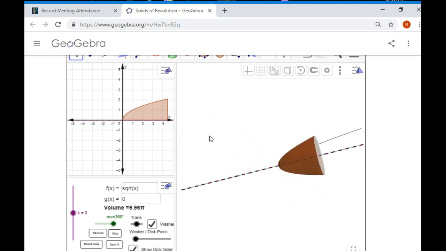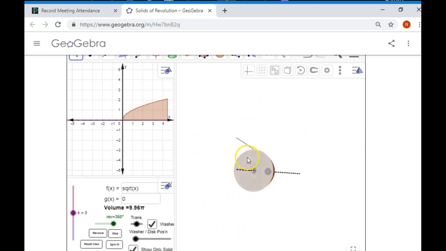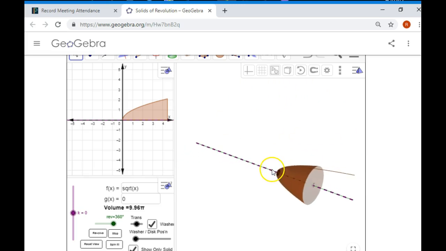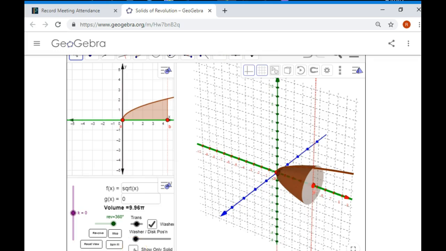Now, the way that I'm going to teach this is pretty much identical to what we learned last time. You have your function, and we have a cross section. What is my cross section? What shape is that? Circle.